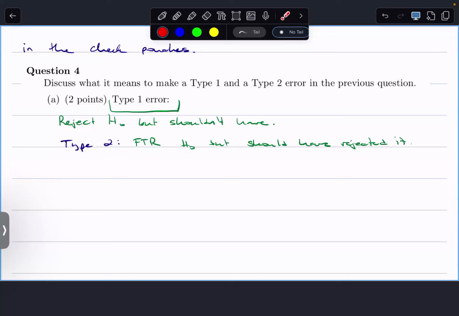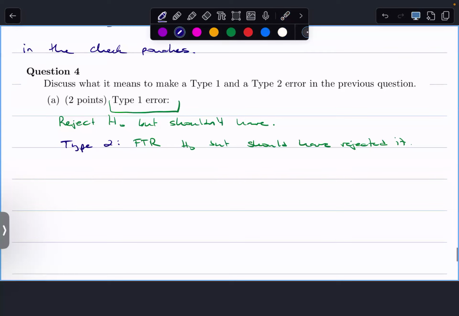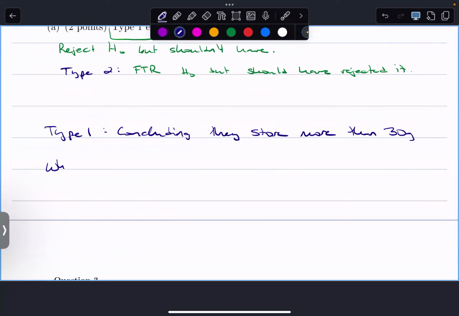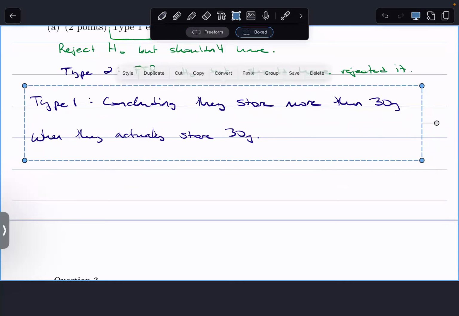And so a type 1 error, in this case, is concluding that they store more than 30 grams in their cheek pouches when they don't, or when they actually store 30 grams. Try to keep it on one page here.